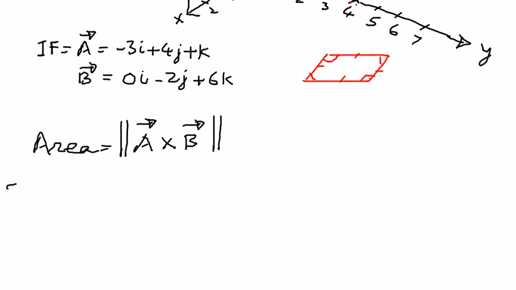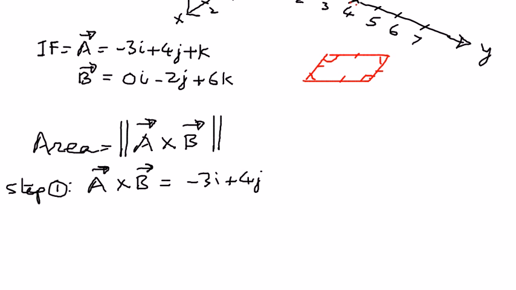So as a first step, let us try to find the cross product between vector A and vector B. Vector A, the components are given to us as negative 3i plus 4j plus k, and then we're going to cross that with vector B, 0i minus 2j plus 6k.